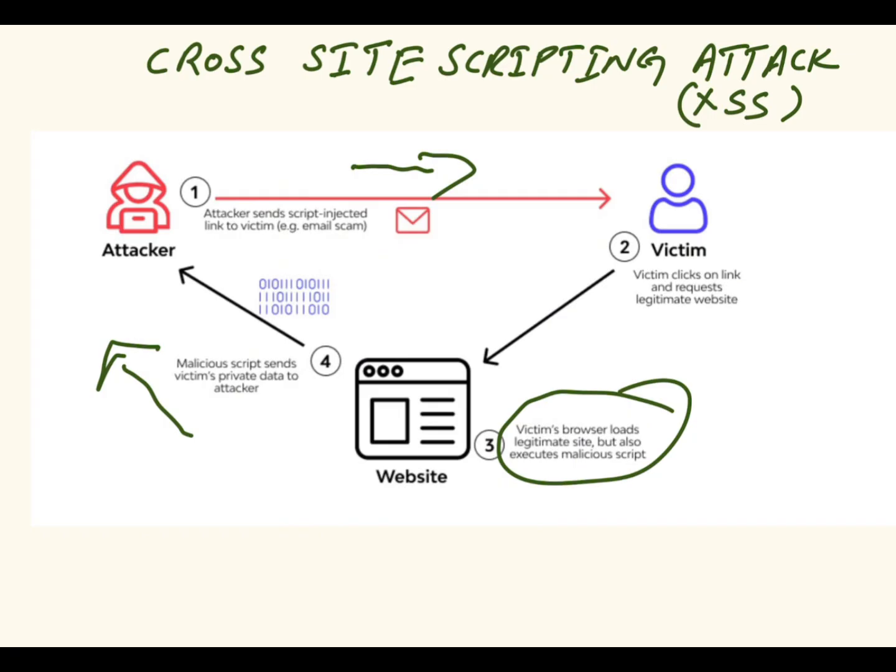So how can we avoid it? What are the prevention mechanisms in order to avoid this type of attack? First and most important thing, when you receive an email with any link and you are not sure about that email or that link, you are not supposed to click on that. Don't click suspicious email links. That's important.